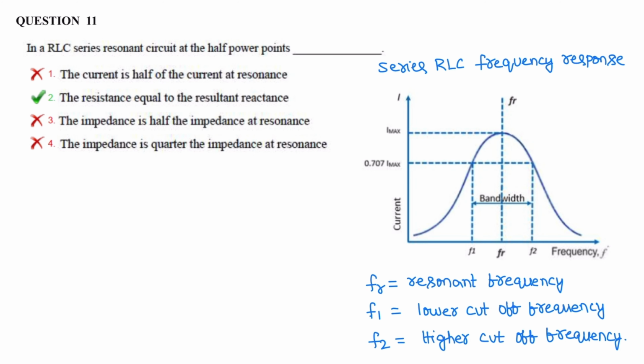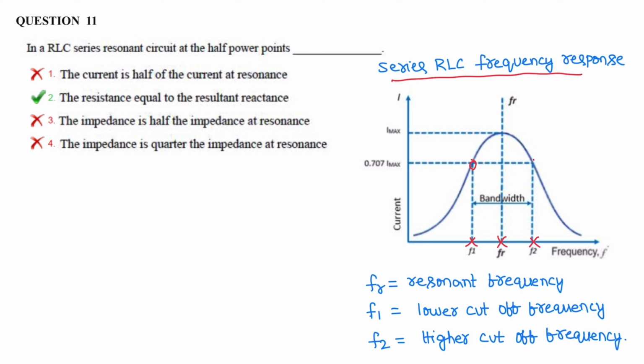Next question, in a series RLC resonance circuit at half power points. The image shows the series RLC circuit frequency response characteristics. Here FR is the resonant frequency, F2 is the higher cutoff frequency, F1 is the lower cutoff frequency.